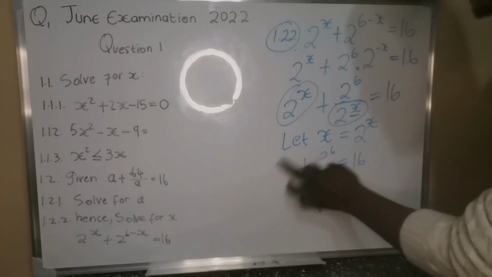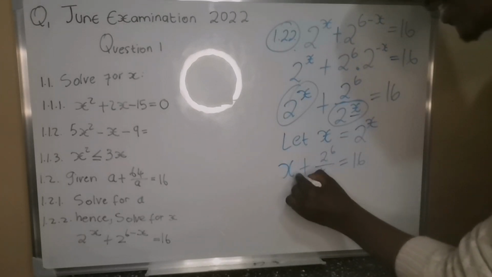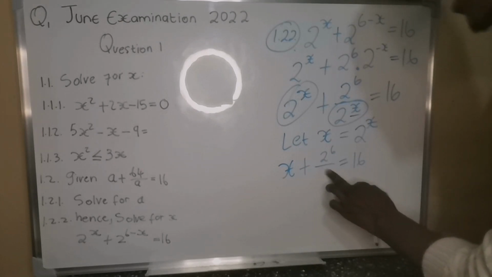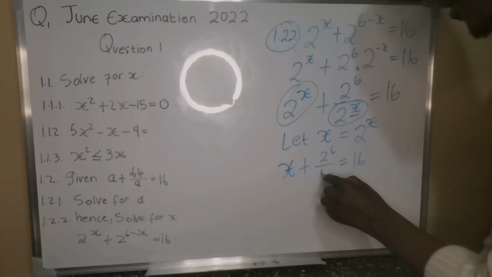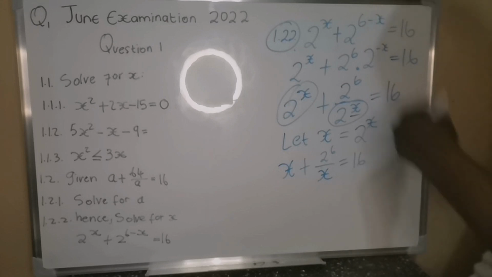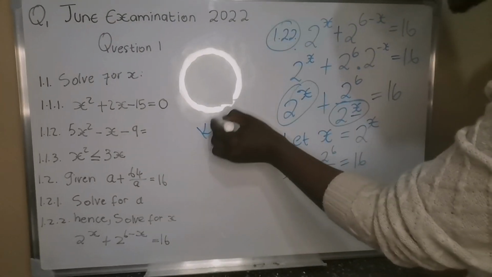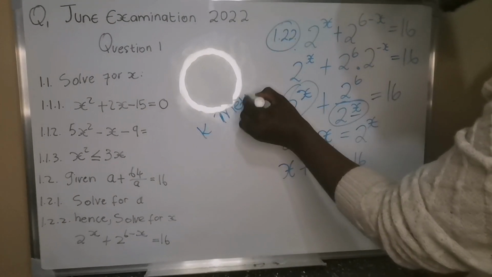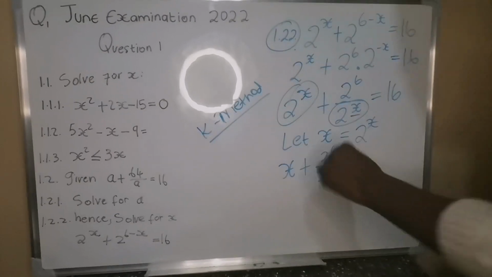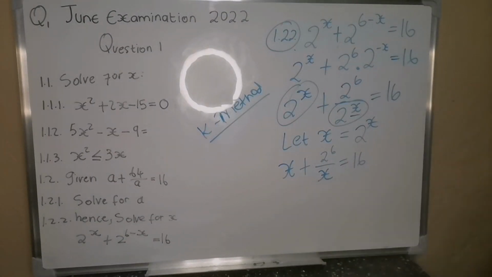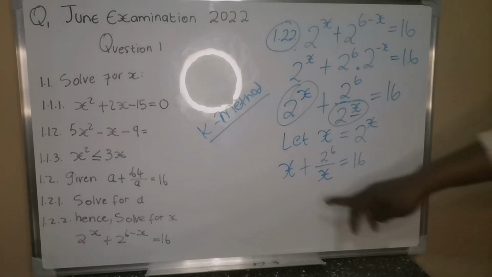You can use any letter, just as long as that letter is familiar to you. You're not boxed to use K, but this is the K method that you know. This is the very same K method that you need to apply here. Now solve for x, or solve for K, or whatever. Any letter you can choose. It's the same.